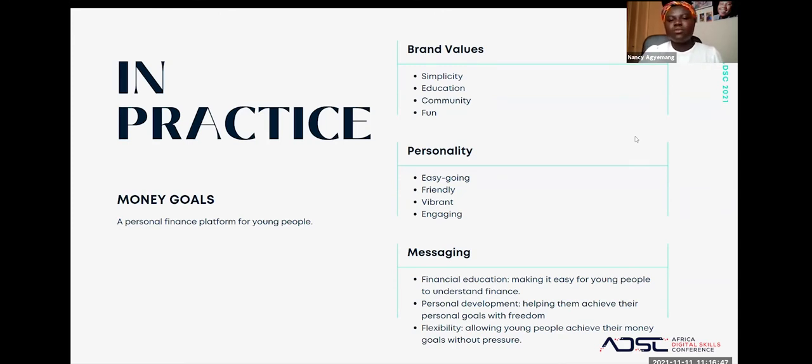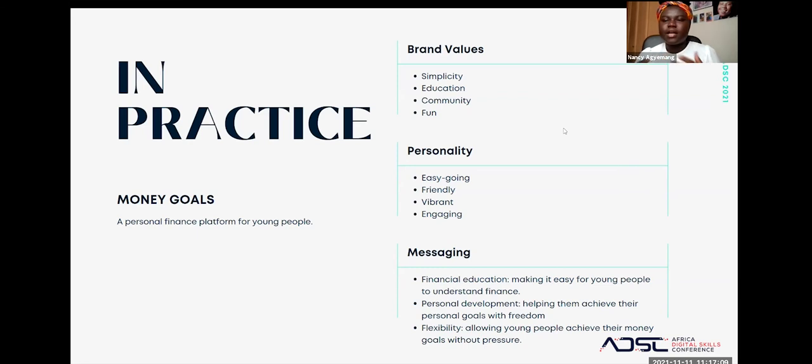So you have to do proper research. And also as a business, you need to understand your values. All these things, you need to research on. So the values for Money Goals are simplicity, education, because we want to educate young people about finance, and a community where young people can come together.